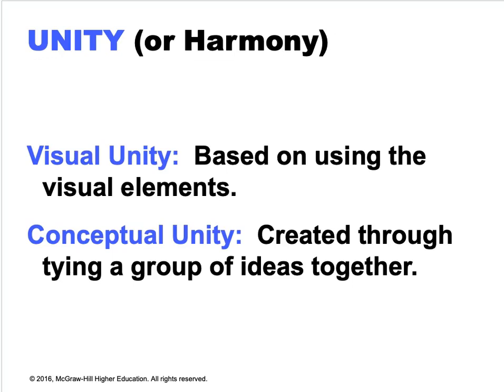So when you look at the work of art, you're like, okay, I'm not really visually seeing what it's doing, but when I think about it and I look at what that part says or what that part looks like and what that means and then how it relates to this other thing over here and what it means, then you start to get a sense of conceptual unity. So we'll look at some examples now.